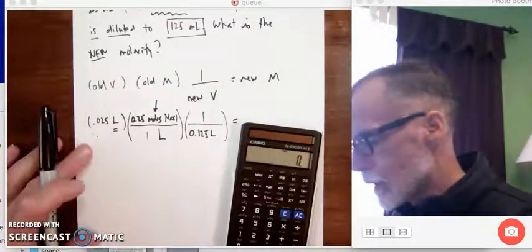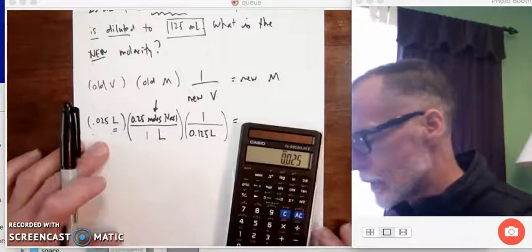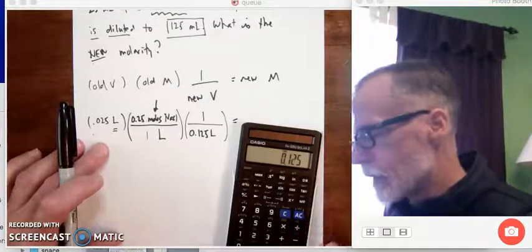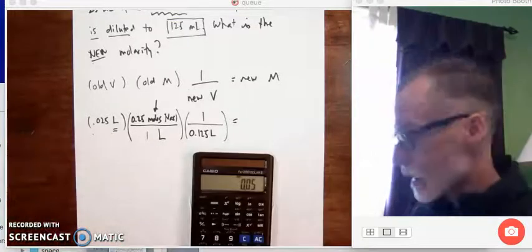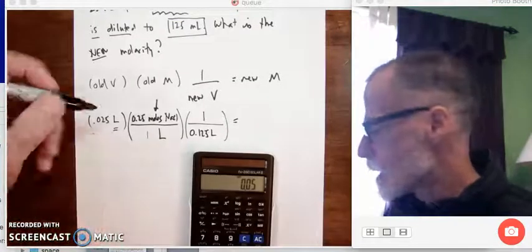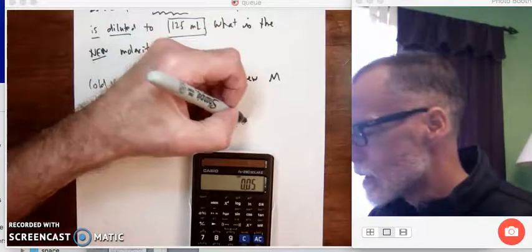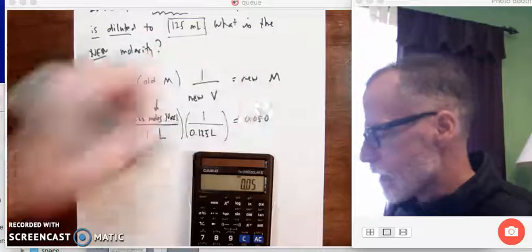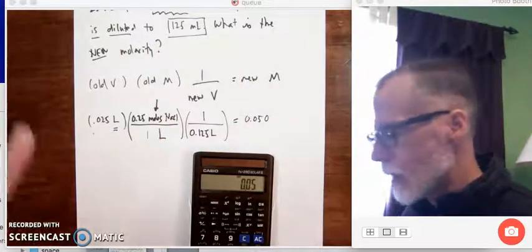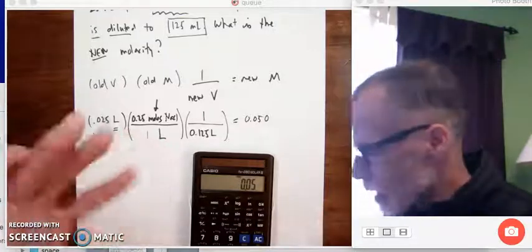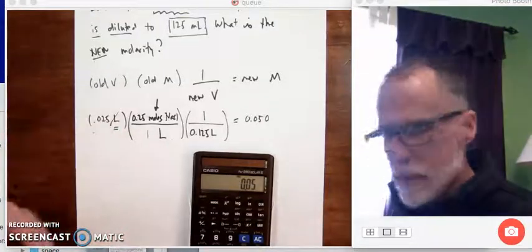Okay, here we go. 0.025 times 0.25 divided by 0.125. Now, this one's technically a 2 in, 2 out, so that's how we're going to do this: 0.050. Now let's look at how the units are canceling here. The liters cancel with the liters.